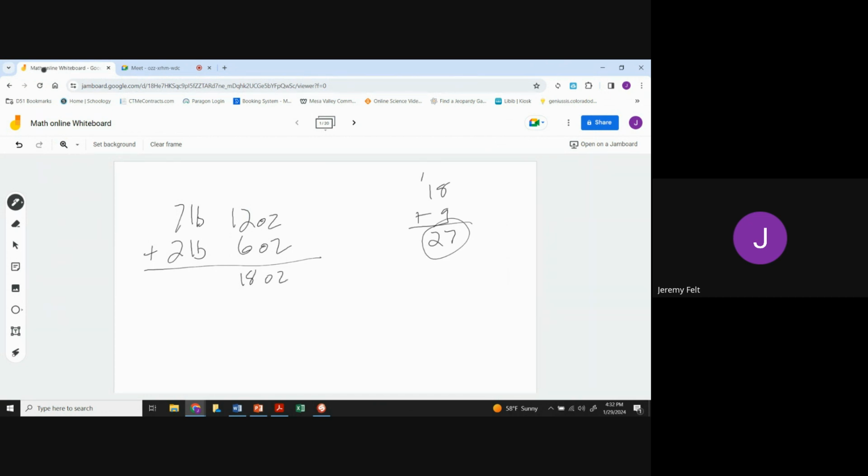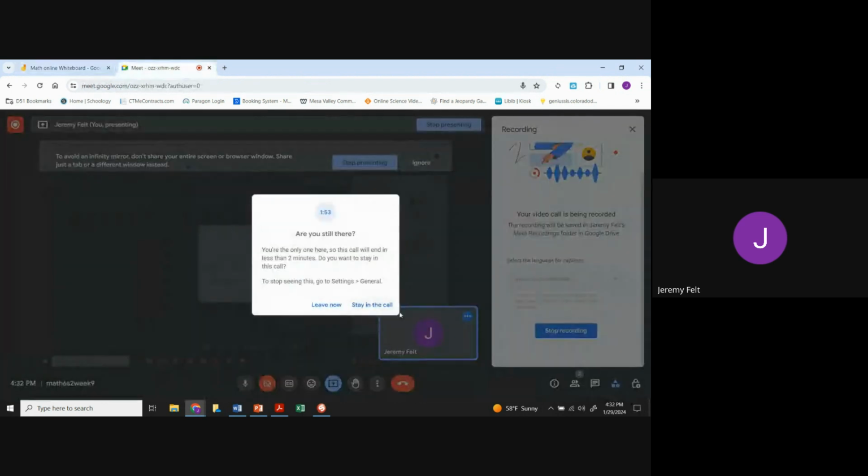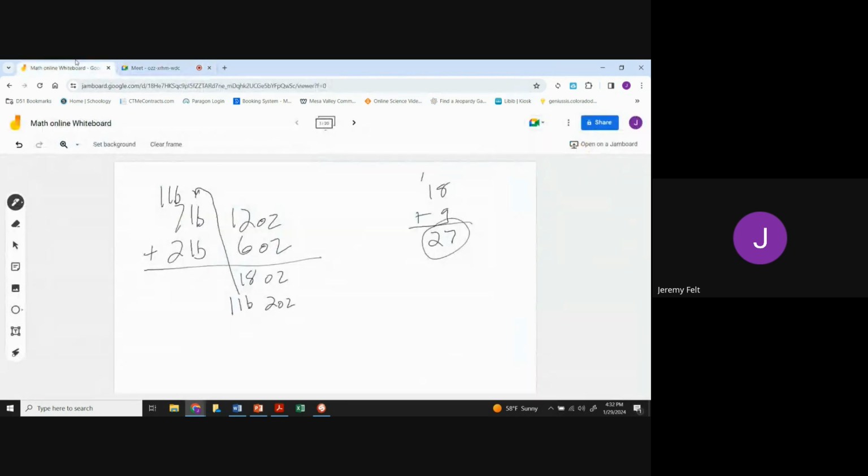Okay, and then this is really 1 pound, 2 ounces. So then we want to add that 1, and we can do this before or after. Oh, I keep doing that. So now this is 2 ounces, and we just carried that up here. So 1 plus 7, 8, plus 2 is 10.